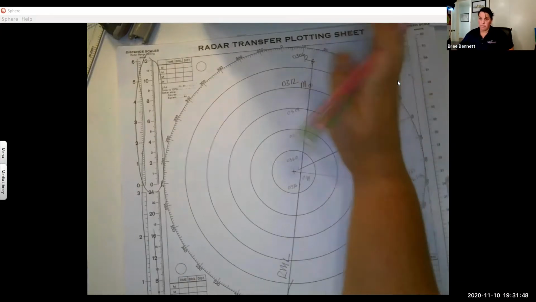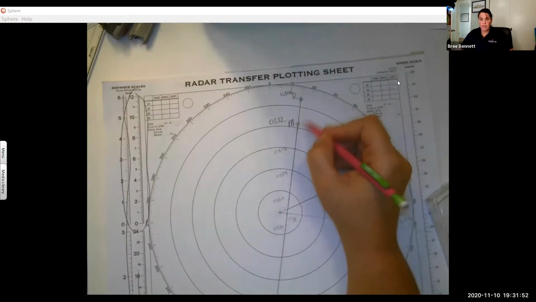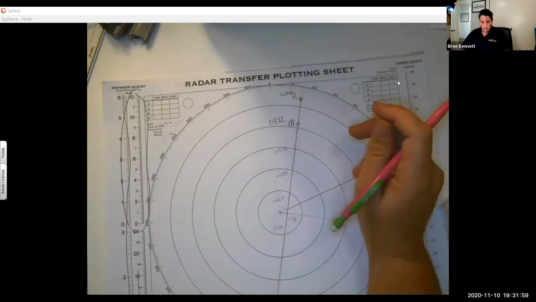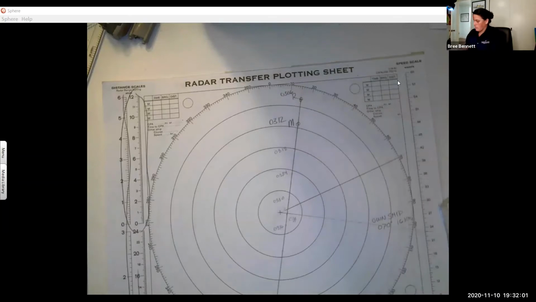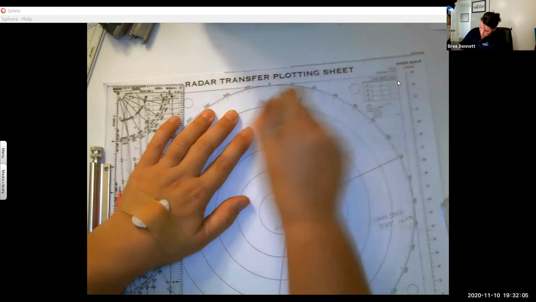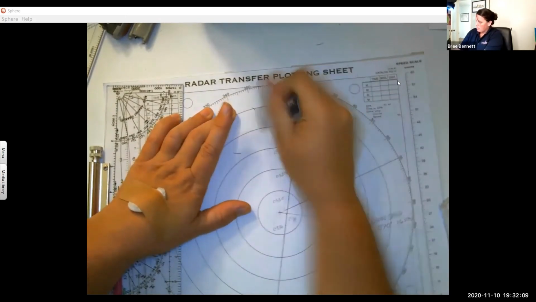So on my triangle up here, I need to put my E somewhere so that I have a triangle. Let me erase this real quick. I'm just going to put it on the other side there.